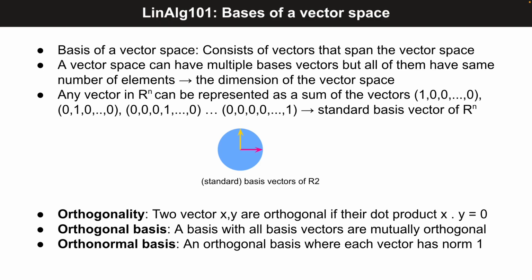For example, in your 2D space, the reason you start with these axes is that any point anywhere on this space can be represented as a linear combination of two vectors: one is (1, 0), and the other one is (0, 1). So your normal x, y comes from a scalar multiplied by the first basis vector plus a scalar multiplied by the second basis vector, and that gives you the vector in your 2D space. Okay.